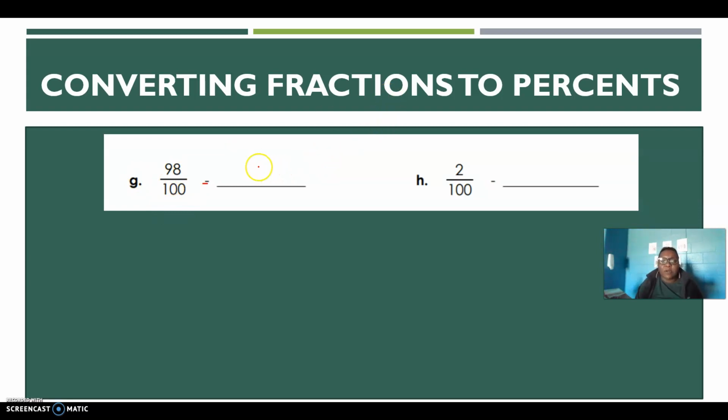So if my fraction is already over 100, that is just 98%. If my denominator is 100, my percent is going to be what the numerator is, so 98%. In this case, our numerator will be 2%.